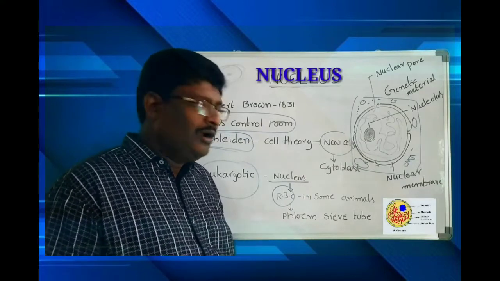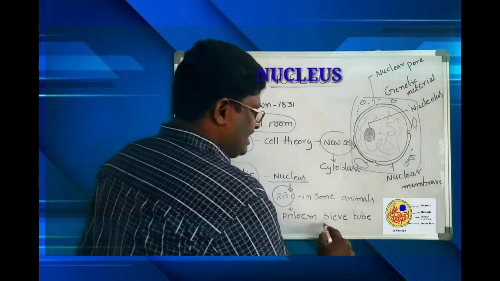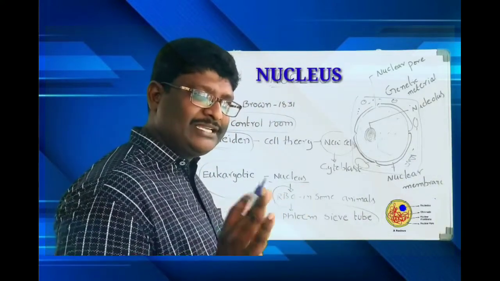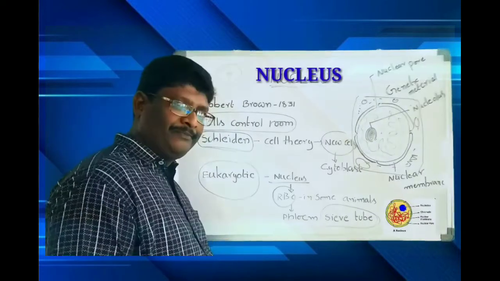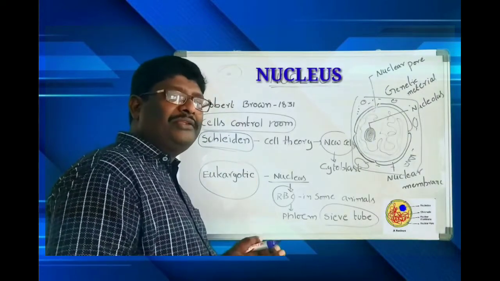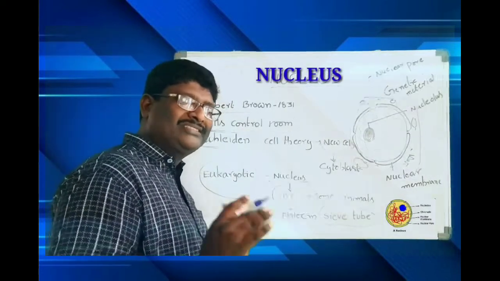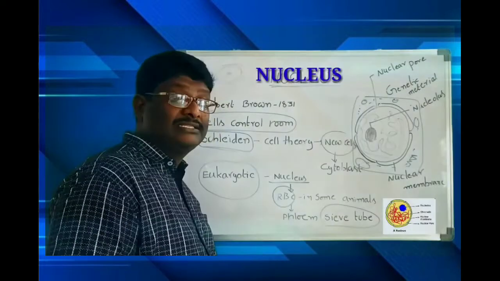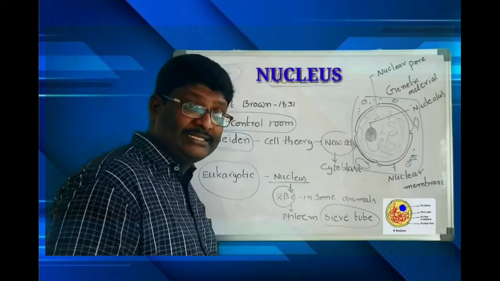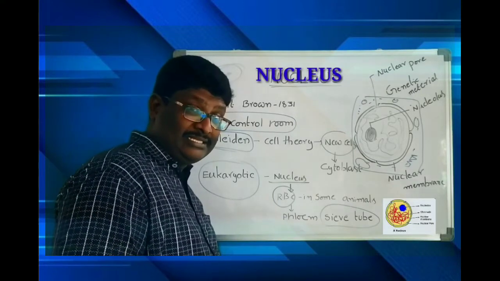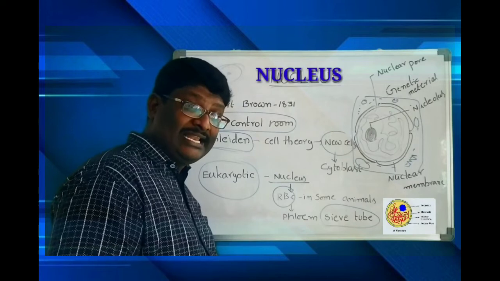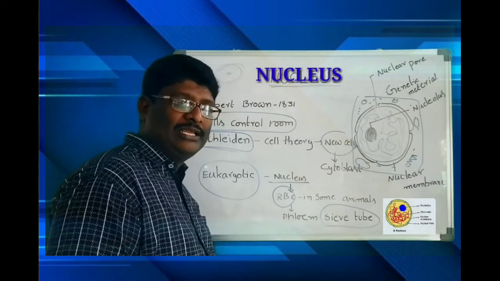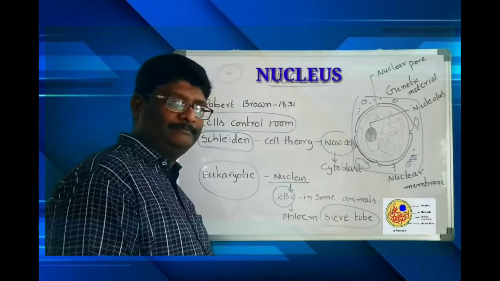Best example, phloem. In the phloem, the sieve tube cells lack a nucleus. So most eukaryotes have a nucleus, but some animal or plant cells may not.